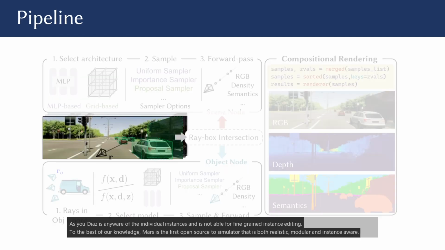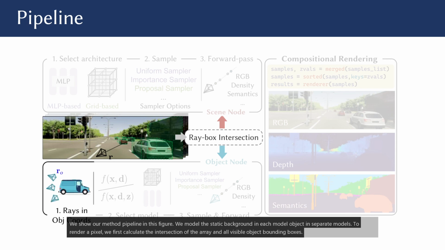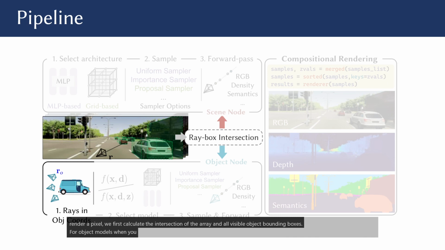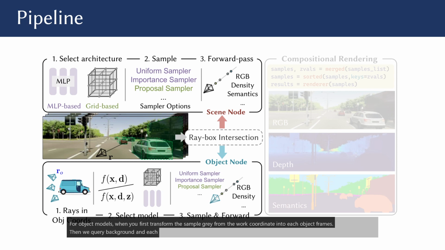We show our method pipeline in this figure. We model the static background and each object in separate models. To render a pixel, we first calculate the intersection of the ray and all visible object bounding boxes. For object models, we first transform the sampled ray from the world coordinate into each object frame. Then, we query the background and each foreground model individually. Our modular framework supports selecting different model architectures and samplers for each model that can best resemble the respective parts.